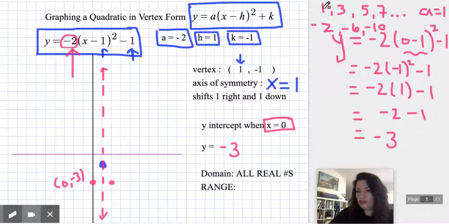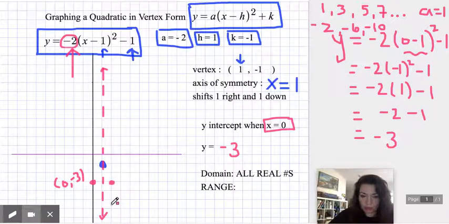What does that mean? It means from the vertex, my first point will be going down 2 and right 1 or left 1, which in fact is based on the y-intercept and the symmetric point on the right. Next, from this point, I can go down 6. So I will go 1, 2, 3, 4, 5, 6, and it goes off the graph.